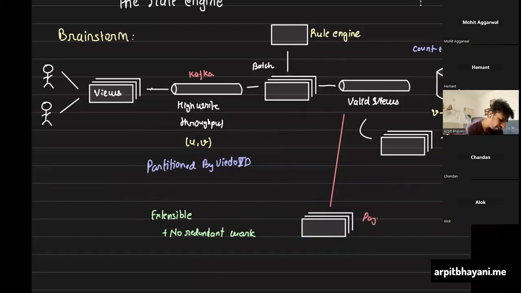If my payment system wants to process these views after filtering, it's not only that we are doing count plus plus, but the payment system can also just consume from this Kafka and compute the payout for the YouTube channel. So wherever you are doing grunt work that looks expensive, keep the computed result somewhere so that your overall infrastructure cost goes down. And this is how you make cross-team impact: you already have this data handy and do not let other teams do that same reprocessing again.